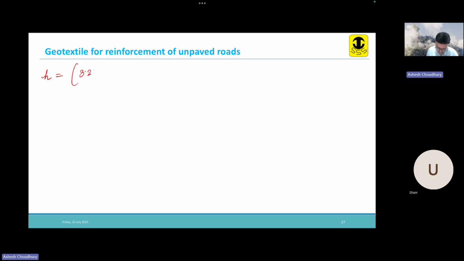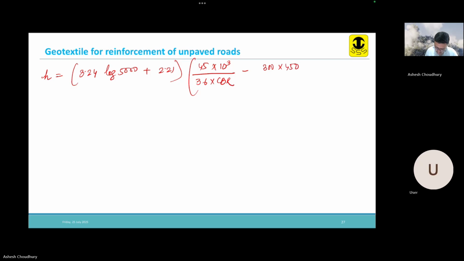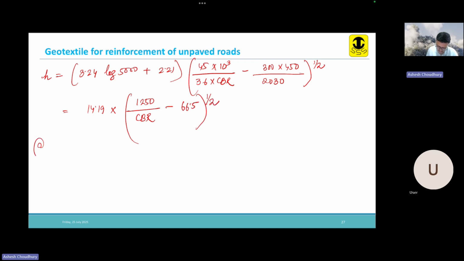H is equal to 3.24 log of 5,000 plus 2.21 multiplied into P by 36 into CBR minus A by 2030, where CBR is equal to 1.